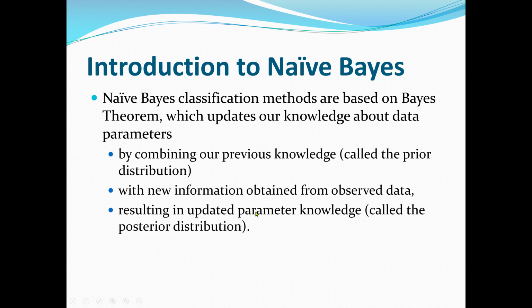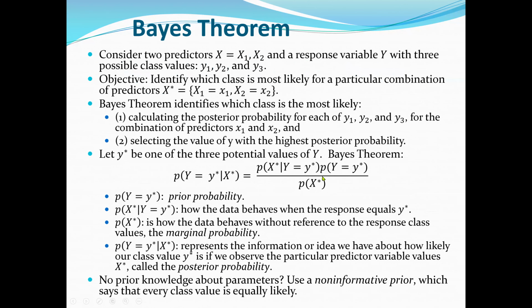By combining our previous knowledge, which we call the prior distribution, with the new information obtained from observed data, we update the parameter knowledge, called the posterior distribution. So again, the concept of naive Bayes is a conditional probability concept.